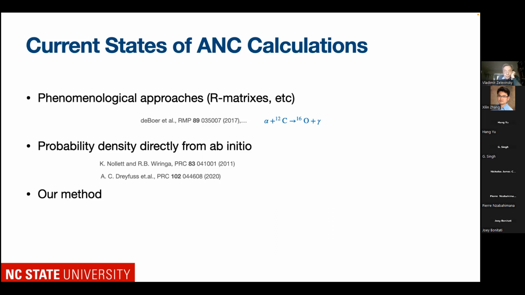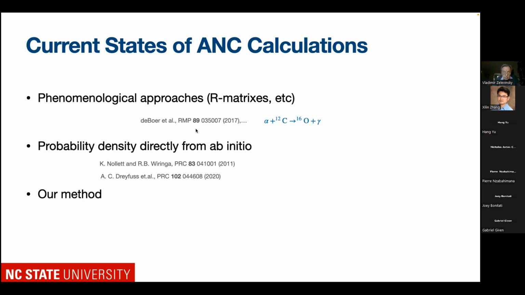One is the phenomenological approaches, and the other is ab initio, where we can extract probability densities. Not until recently have we developed methods that can do this ANC extraction from finite volume data. The phenomenological approaches rely on reaction data, and for example, they use R-matrices and figure out the poles and resonances.